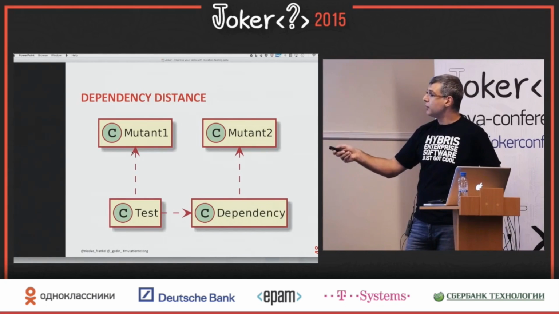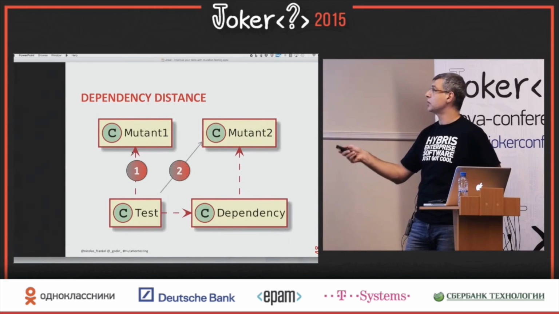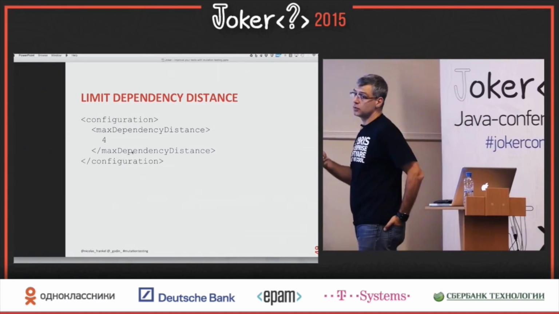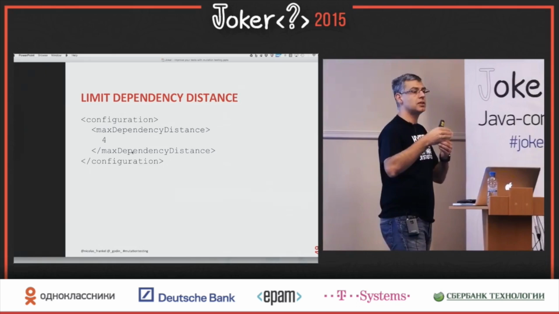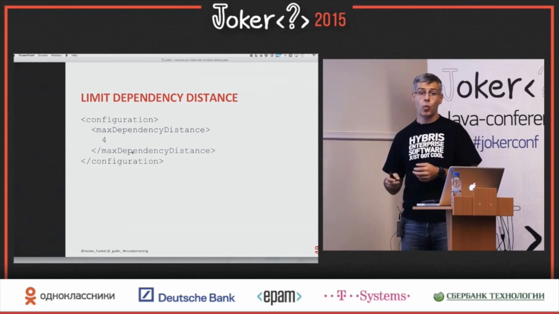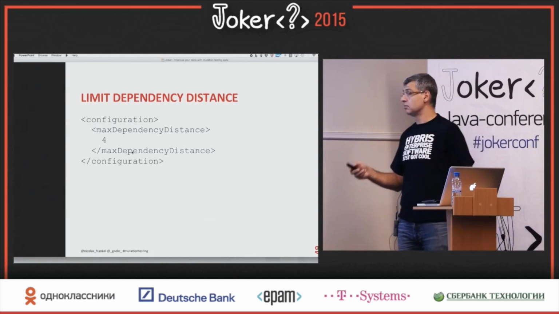And there is something called a distance. So here we have a distance of 1, and here we have a distance of 2. This can be configured in PIT so that you can configure a max dependency distance. So production code which is too far away from your test class won't be mutated. And it's quite easy, right?